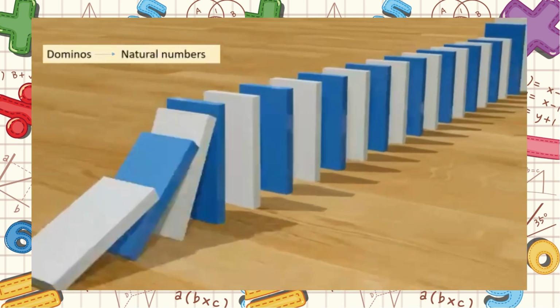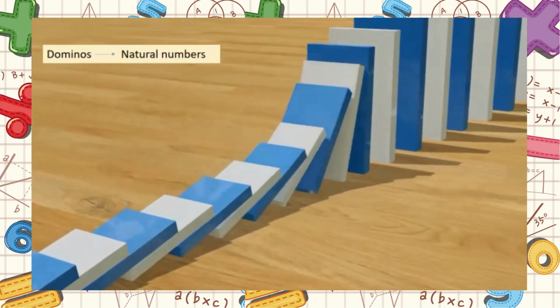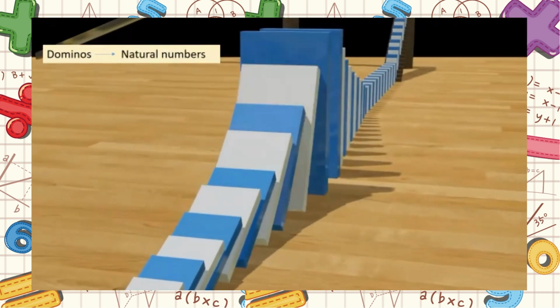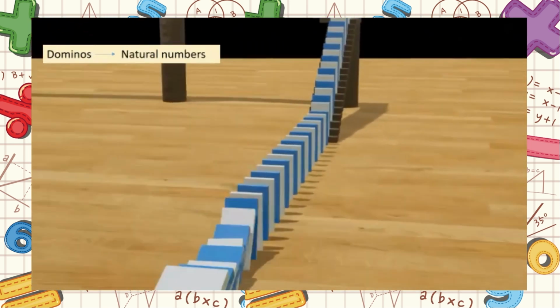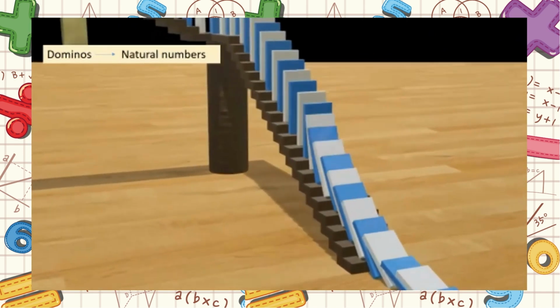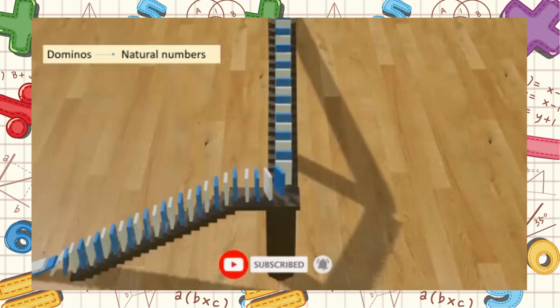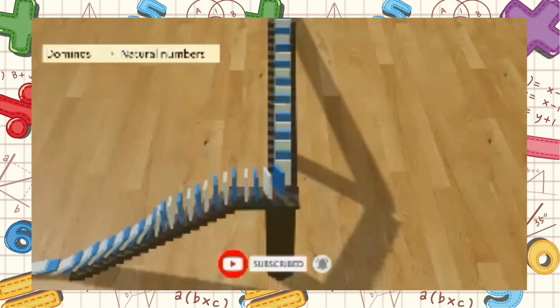Okay, so let us think of this analogy. Let us consider this principle as analogous to setting off a domino chain reaction. In this chain reaction, we only need to knock off one of the dominoes to start it.